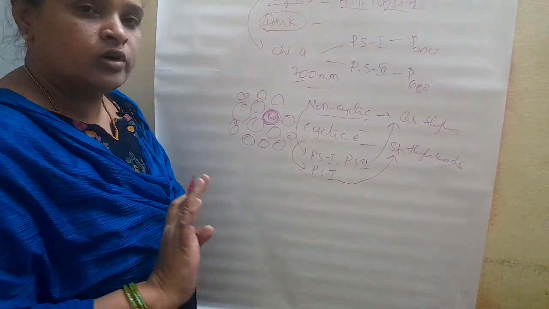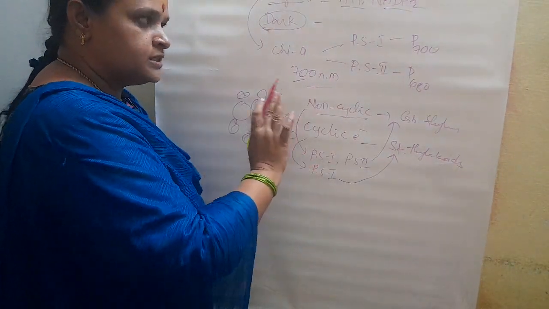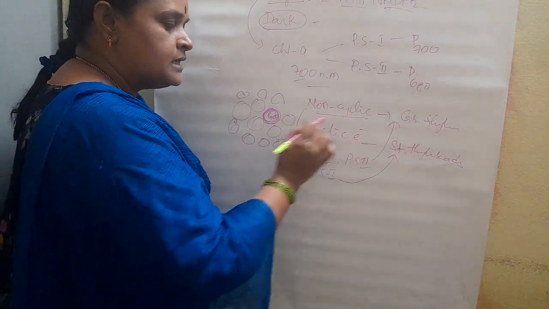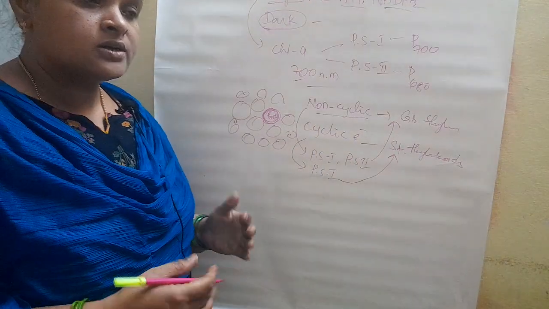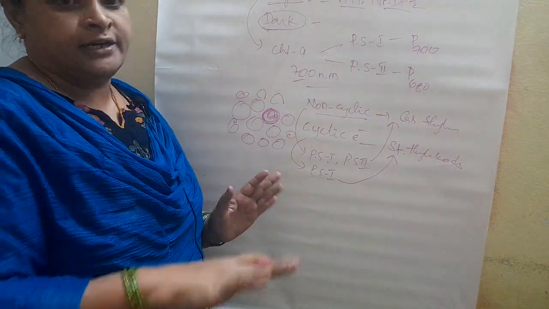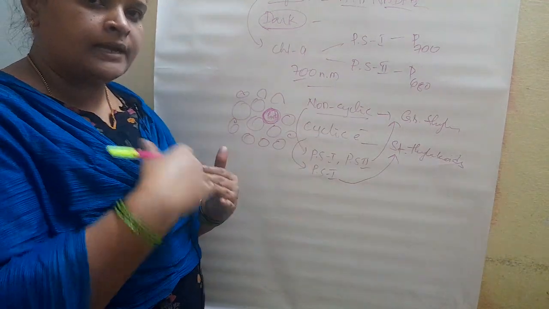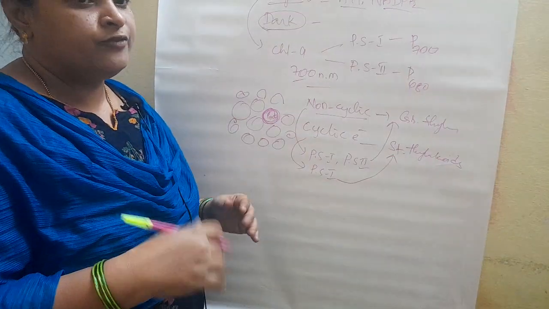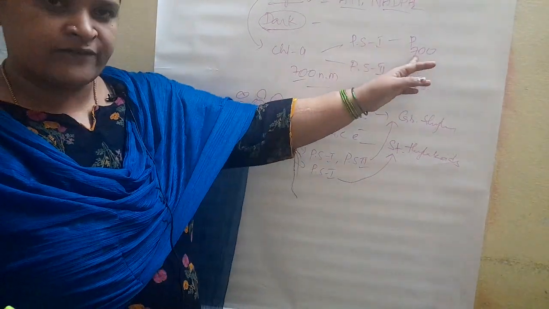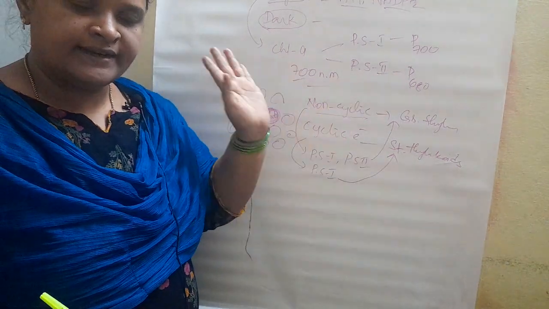These are the two systems involved in electron transport. Why is it called non-cyclic? It does not cycle back to where it started. In cyclic, it comes back to the start point. PS1 is P700, and PS2 is P680.